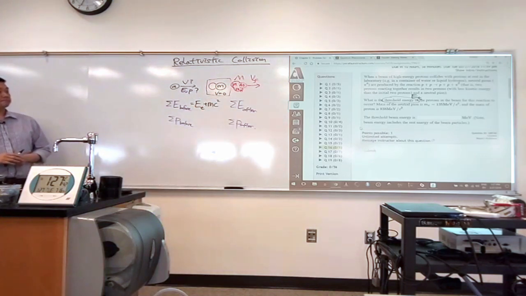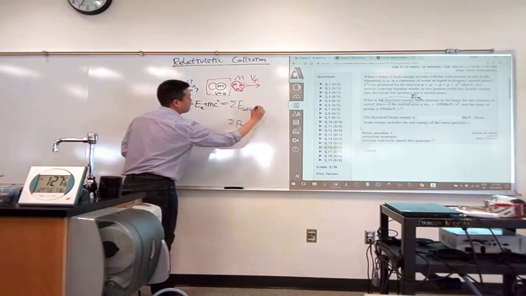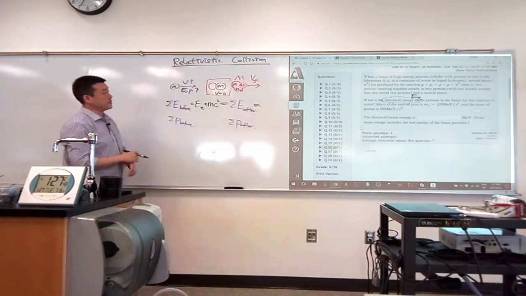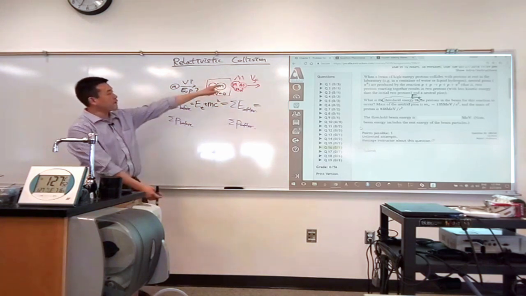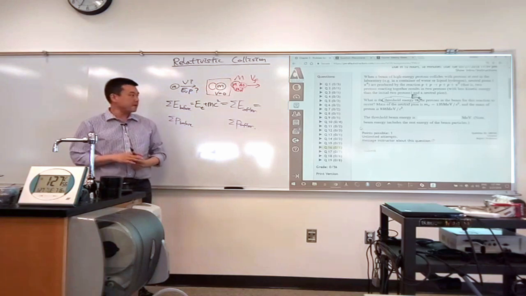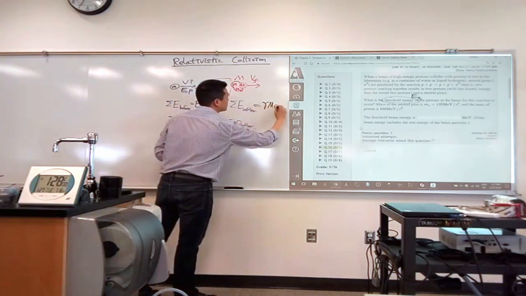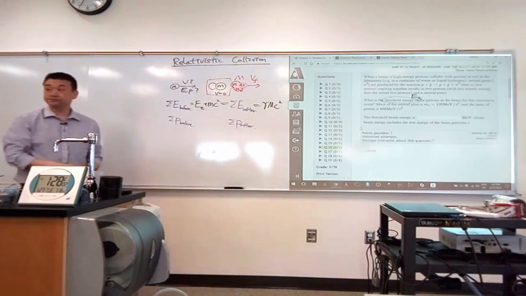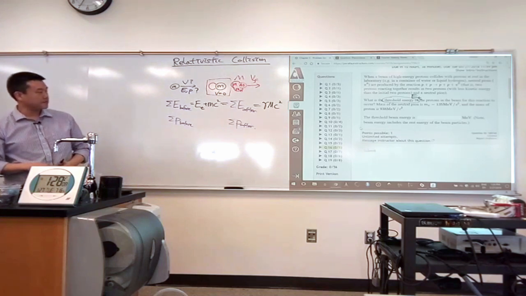This should be equal to the total energy after, which is however fast this mass is moving. And this is where it may be tempting to write down gamma big M c squared, right? I guess I can leave it there for now.